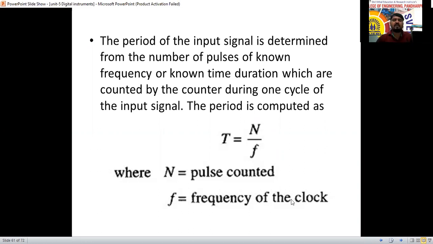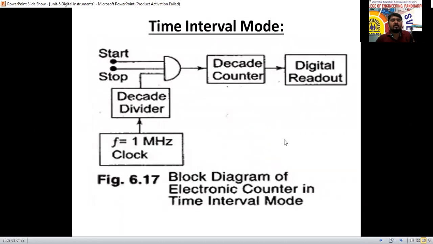So the frequency of the clock, whatever the frequency of the clock is, that one we have to divide by. So the number of pulses counted divided by the frequency of the clock will give the time period here. That operation we are going to call the time period or period mode operation. That is the time interval, the time interval to complete one cycle, we can call that.